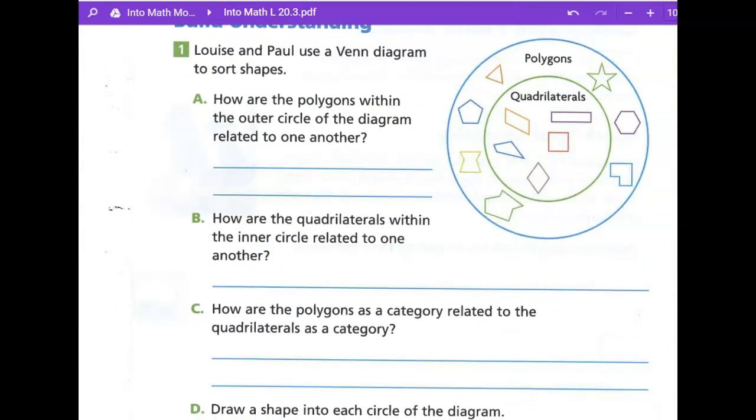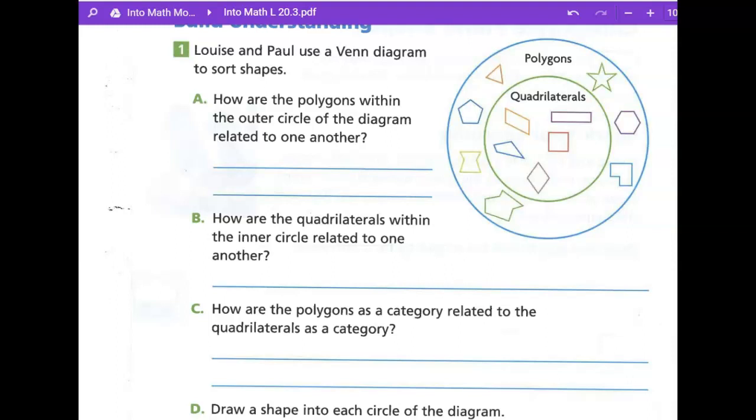Luis and Paul use a Venn diagram to sort shapes. How are the polygons within the outer circle of the diagram related to each other? Well, let's look at them outside. They don't have the same number of sides, I don't think. And we could count them all to see.